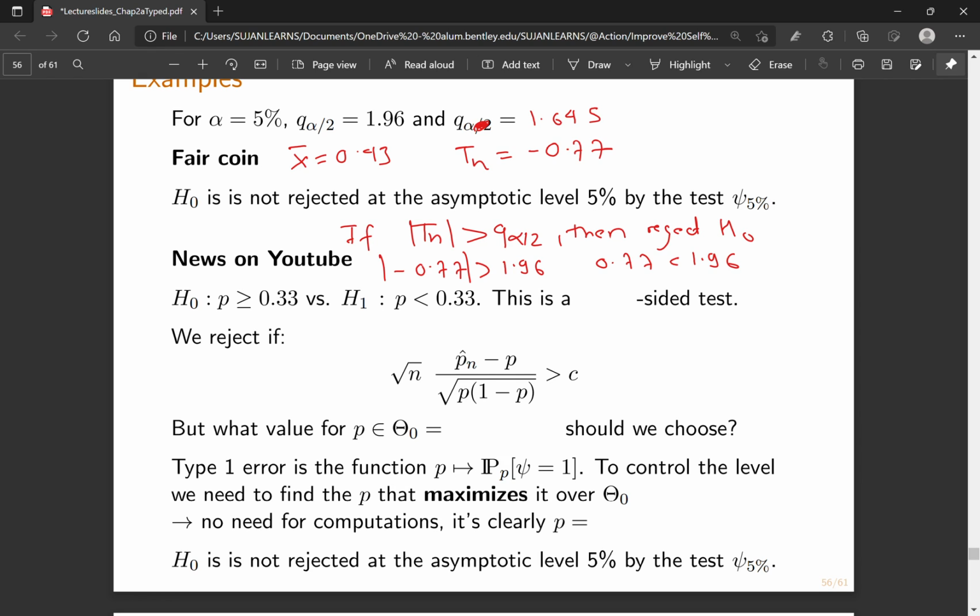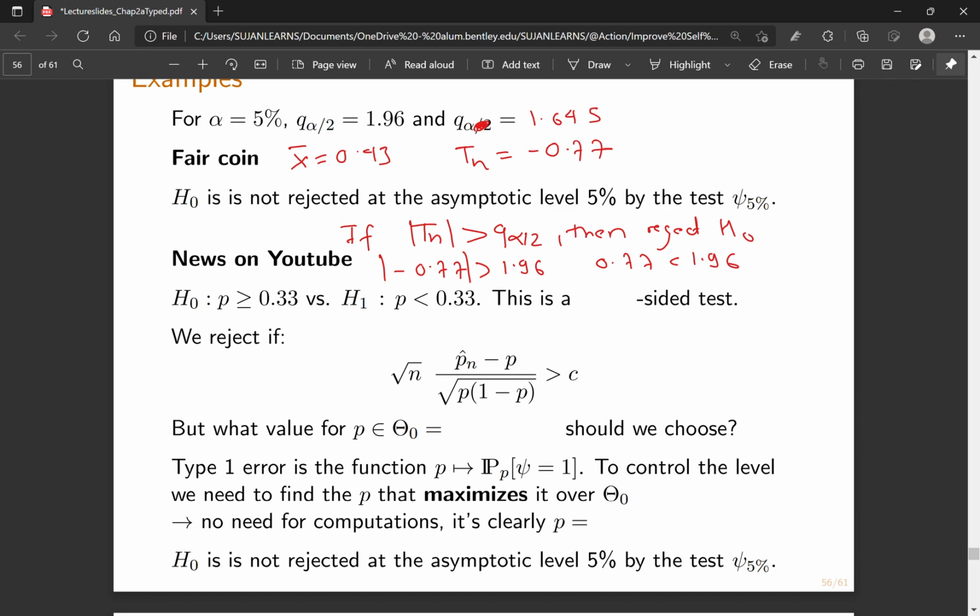Here we have hypotheses. One is the null hypothesis, which says that American people take more than 33% of their news from YouTube.